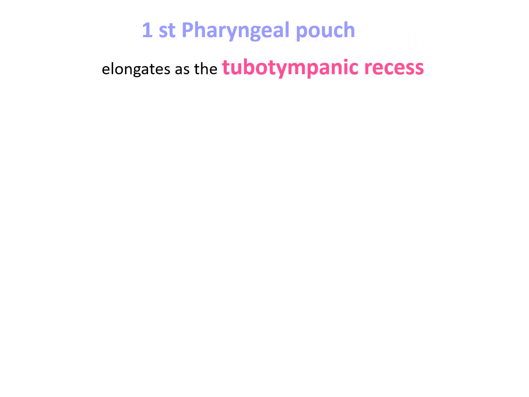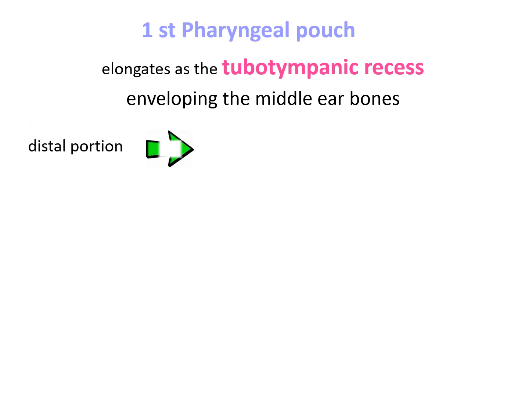Let us see some details about the first pharyngeal pouch. From the inside of the pharynx, this is going to elongate laterally to form the tubotympanic recess or the Eustachian tube, and then expands to develop the middle ear cavity and bones.